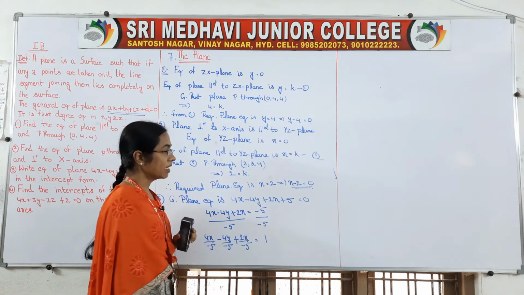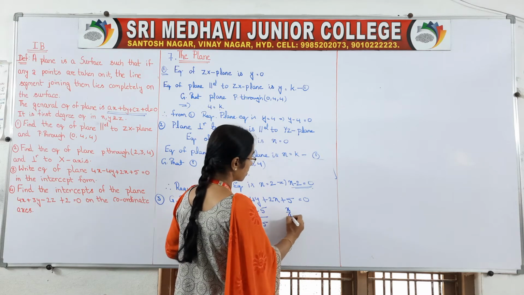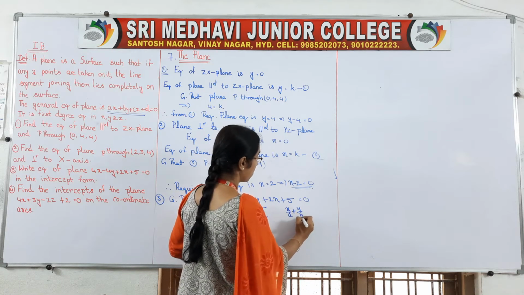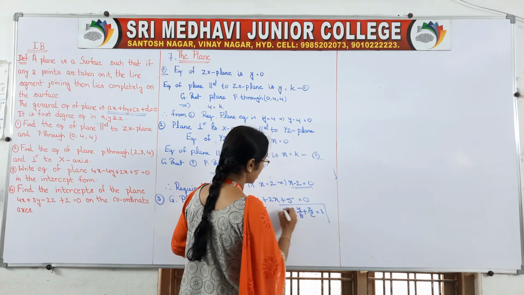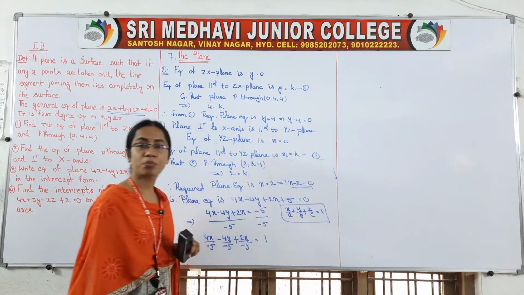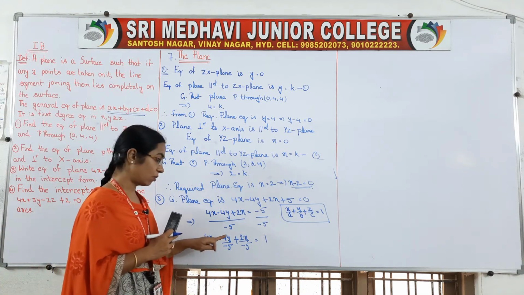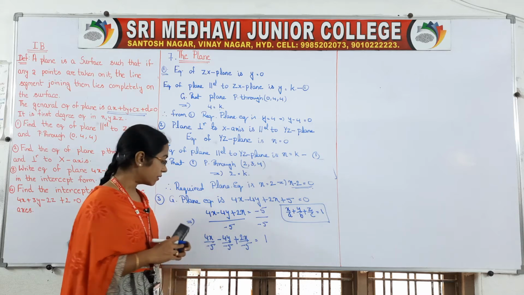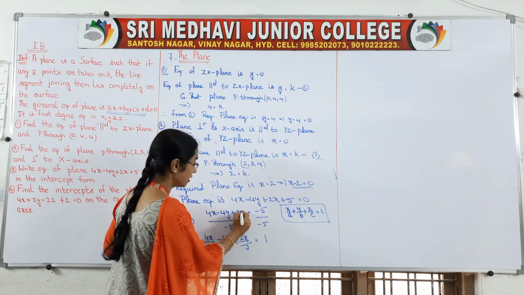After that, what is the form? I said x by a plus y by b plus z by c is equal to 1 is called the intercept form of the plane. That means only x should be there, only y should be there, only z should be there. Here it is z, isn't it?